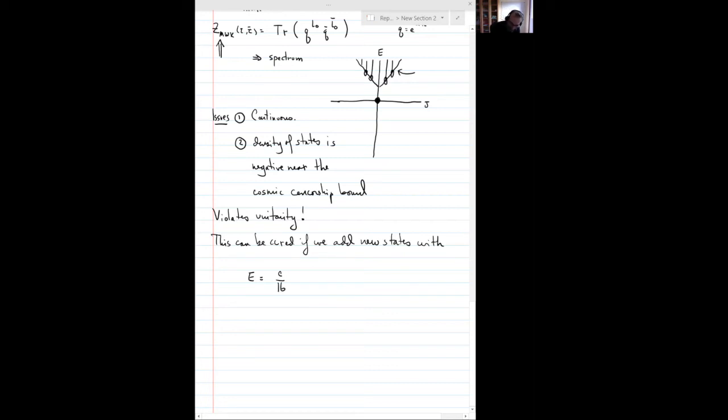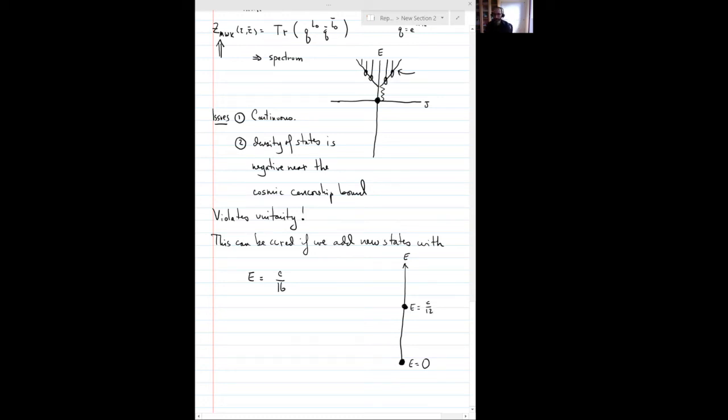So I remind you the size of the gap here, so let me draw a picture. Here, I'll just draw the vertical axis. This is the energy axis. The ground state has energy 0. The lightest black hole has energy c over 12.